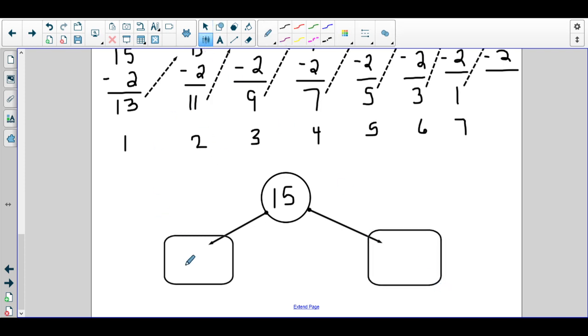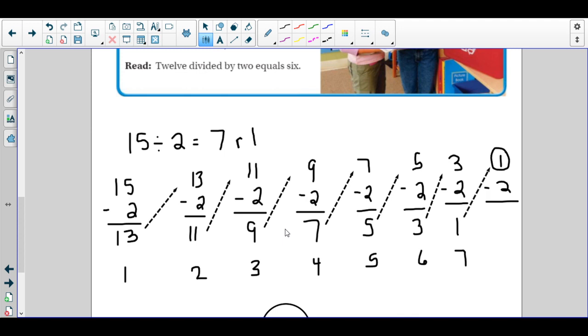All right, now if I started counting out, 1, 2, 3, 4, 5, 6, 7, 8, 9, 10, 11, 12, 13, 14. I can't put a 15 right here because I don't have anything equal to put over here. So my 15 is left out over here. All right, so I have 2 groups of 7 with 1 left over right here. So again, that would be 7 remainder 1.